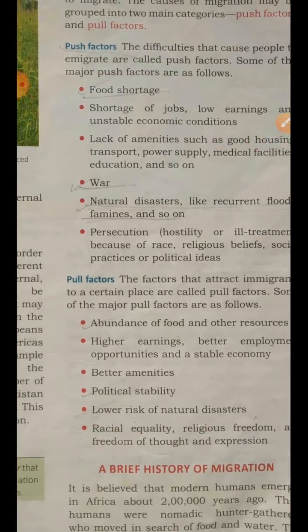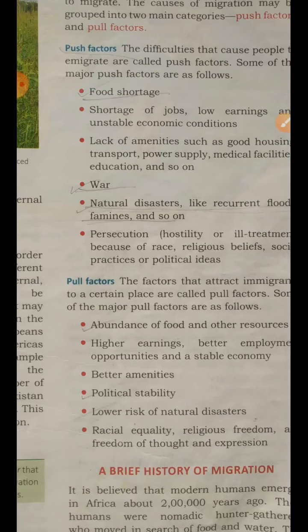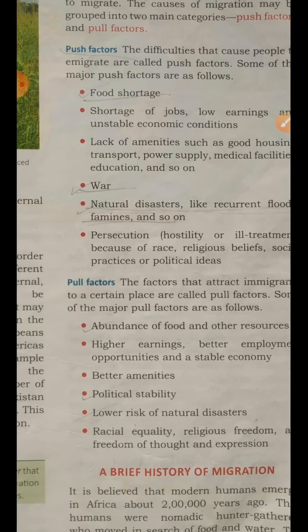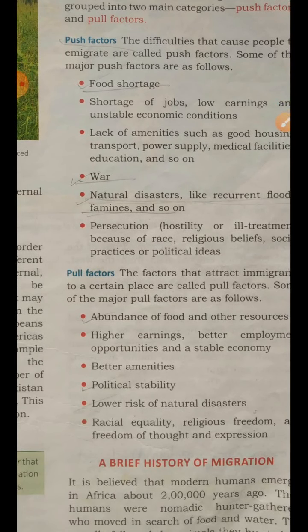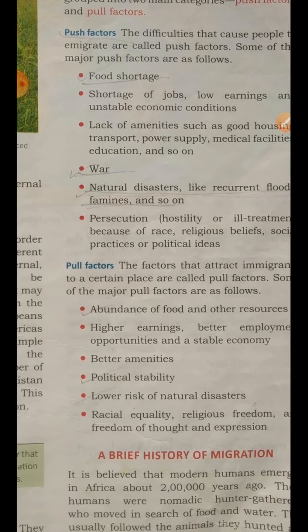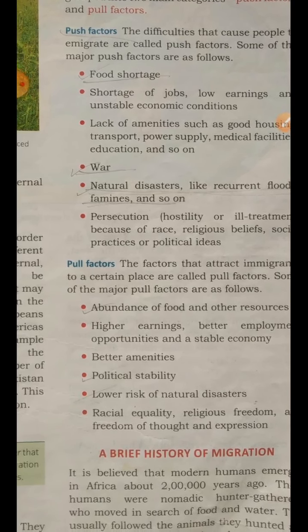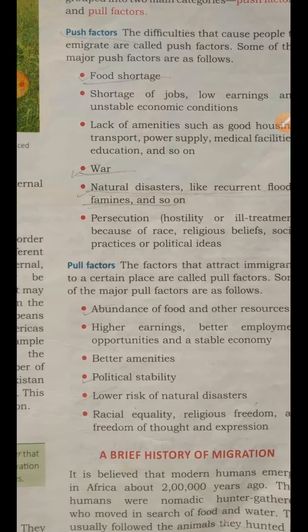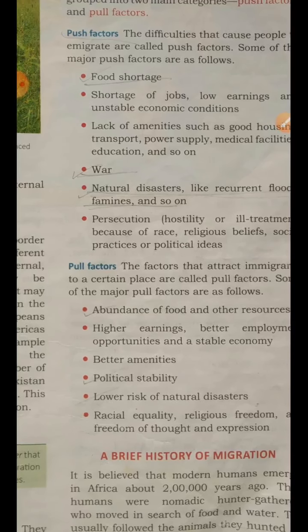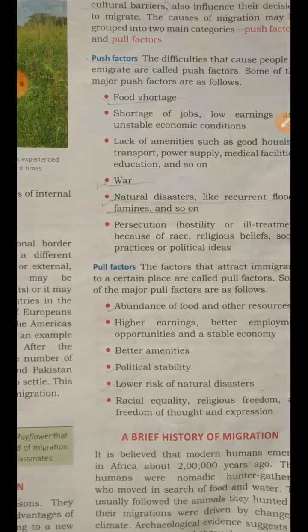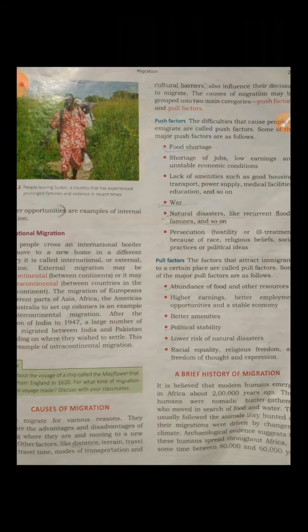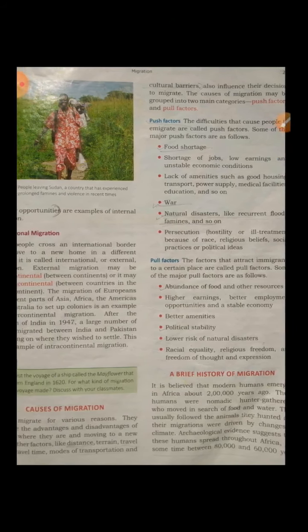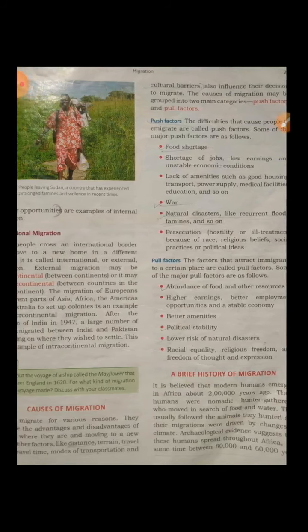The difficulties that cause people to migrate are called push factors. Some of the major push factors are food shortage in a country, so people want to leave that country; shortage of jobs, low earning, and unstable economic condition; lack of amenities such as good housing, transport, power supply, medical facilities, education, and so on; war; natural disasters like recurrent floods, famines, and so on; and persecution, that is hostility or ill treatment because of race, religion, religious belief, social practices or political ideas.